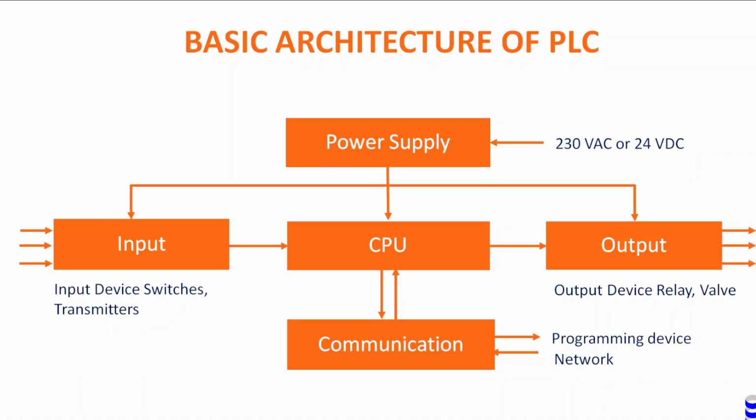If an analog output has to be generated, like 4 to 20 milliampere or 0 to 10 volt, the CPU will give you the output in binary format, whether it is current or voltage. Then the output card will convert that binary into the actual analog value and give it to the output devices.